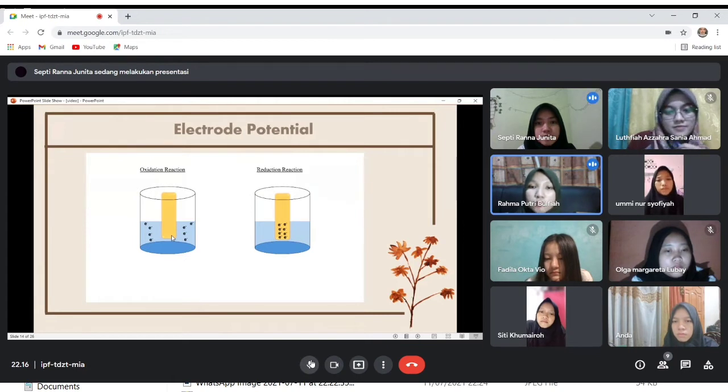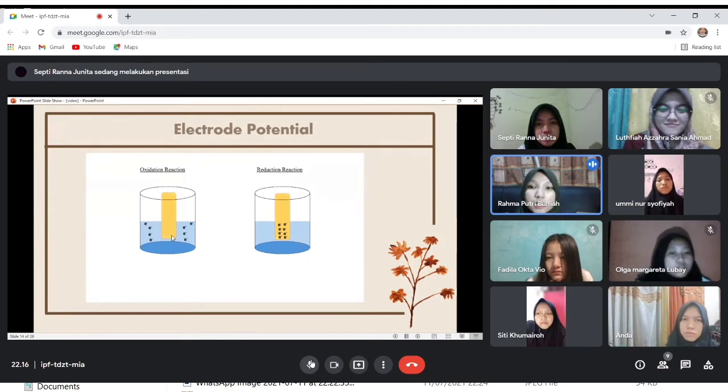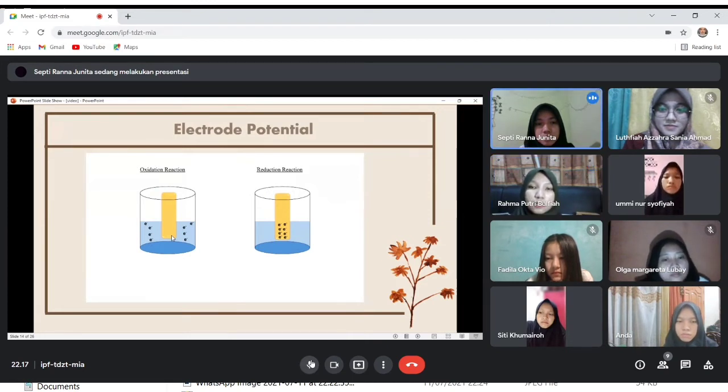When the electrode loses electron, the reaction is considered as oxidation reaction, and the potential of the electrode is known as oxidation electrode potential. Similarly, when the electrode gains electron, the reaction is reduction reaction, and the potential is reduction electrode potential. Do you understand?